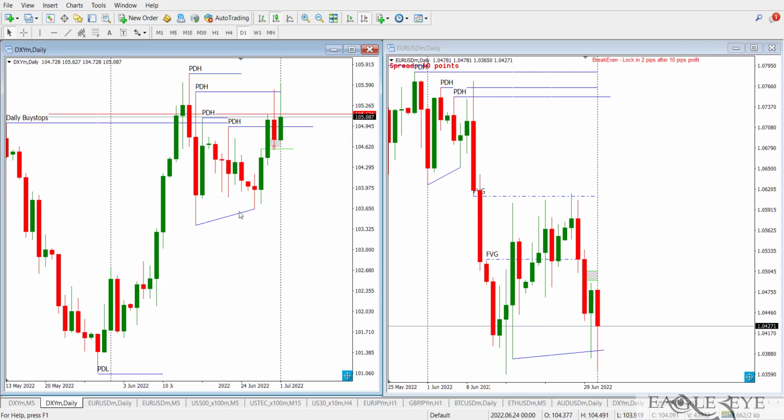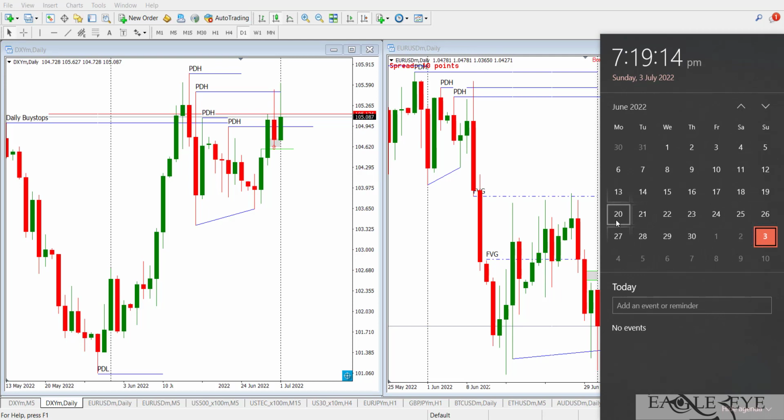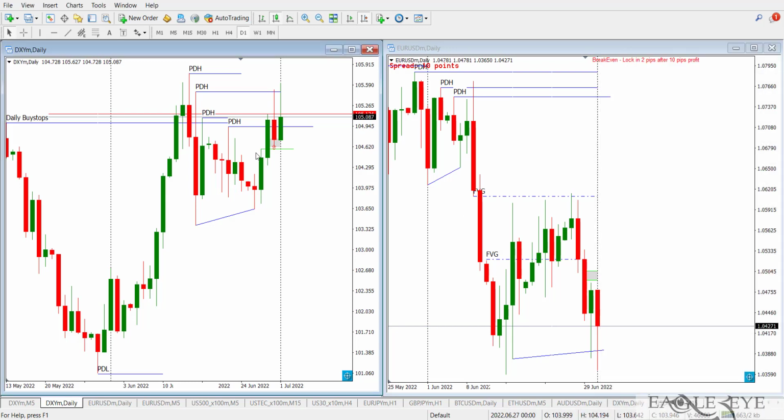Alright, so for the previous week, almost 2 weeks now, from the 20th to 24th, and then 27th to first, I was expecting the dollar index to reach up into this particular high right here.